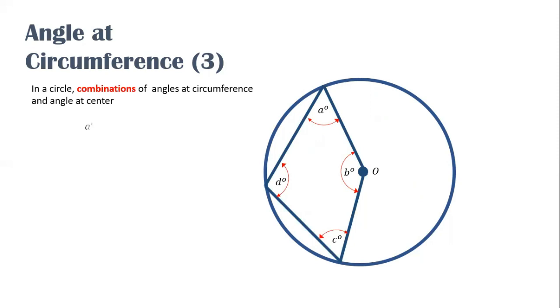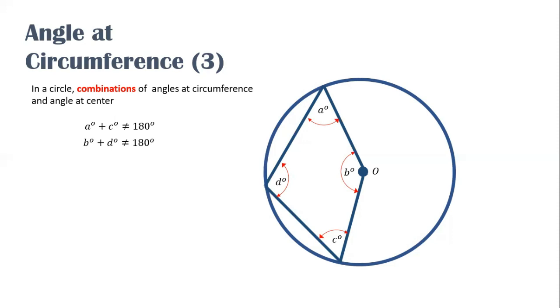So what is the meaning? A degrees plus C degrees is not 180 degrees. And B degrees plus D degrees is not 180 degrees. Why? This is the combination of angles at circumference and angle at center.